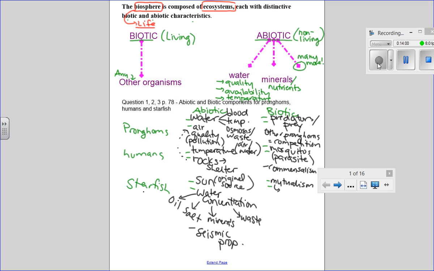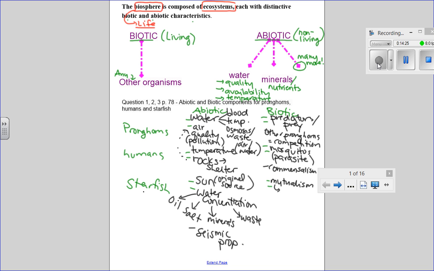For an example of mutualism, that would be where two organisms benefit each other's survival. So I'm sure you've heard of some of these examples before. The bird that picks the food out of the crocodile's teeth, the little organisms that live on the skin of, say, a shark that clean the shark off, but then in turn they get protection. Those are examples of mutualism with animals.